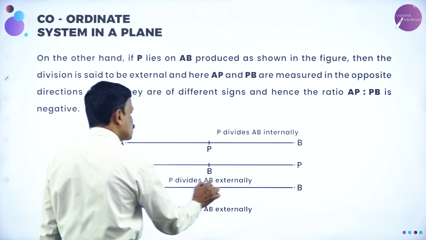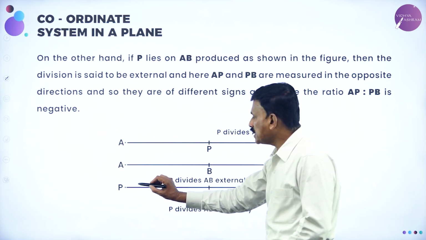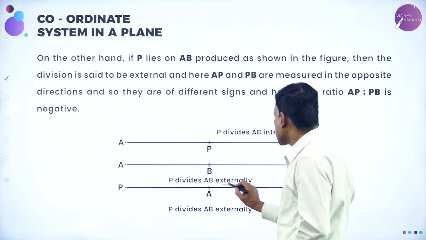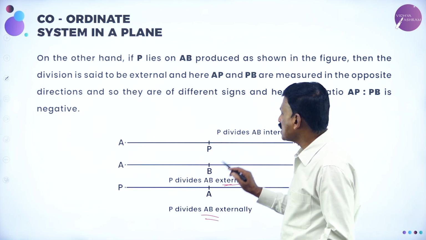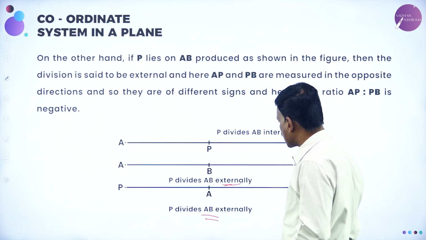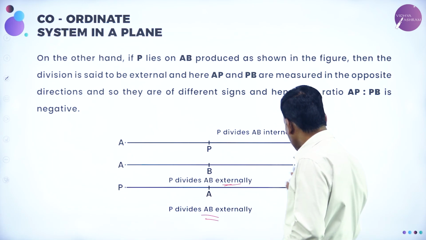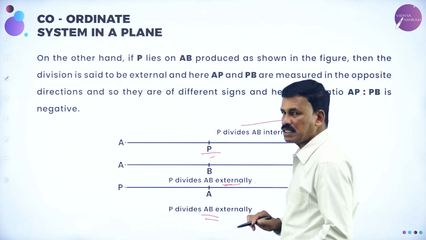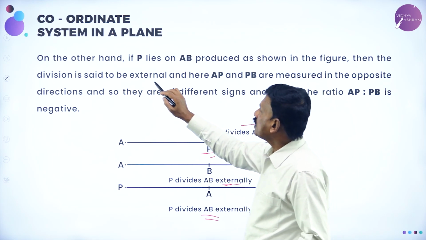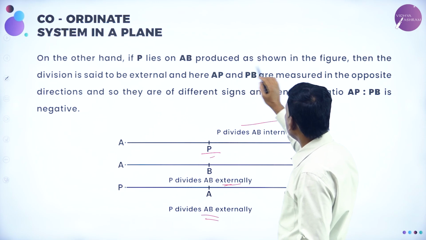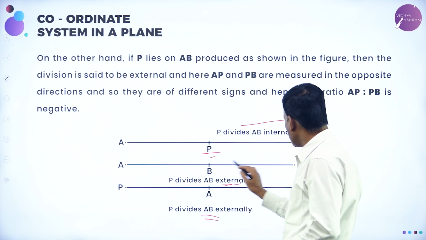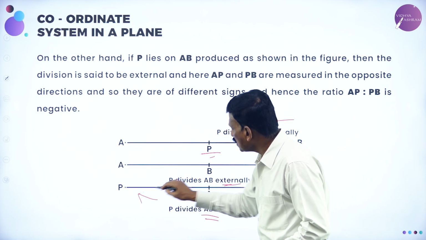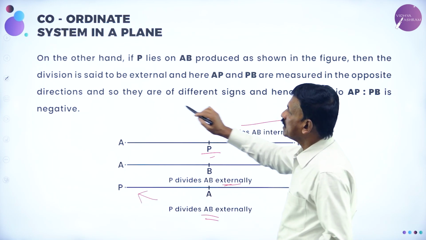If AB is produced towards A, then the point is here. This is called an external division. So the point P divides AB externally, whereas the earlier point P divides AB internally.